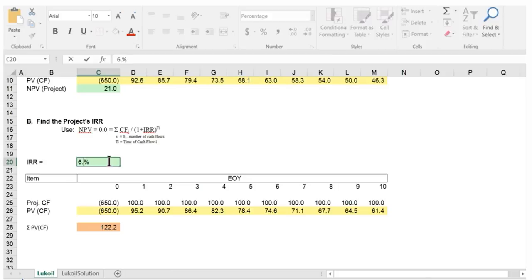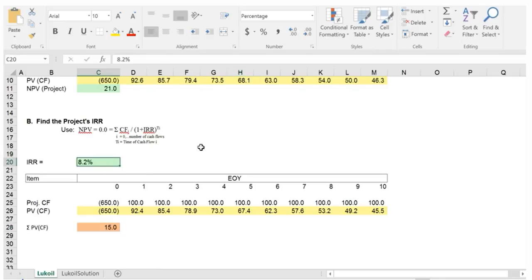One is if you have a sacrificial intern, sacrificial worker, you can tell them to keep playing with this IRR number, and you see how every time I change the IRR, I'm changing the NPV, and you can tell them to do that until the sum of all the present values of all the cash flows is equal to 0. If you want to be a little bit sadistic about it, which I don't recommend, you could tell them to get this equal to 0 to 14 significant figures. That'll keep them busy for a long time because Excel only works to 11 significant figures.